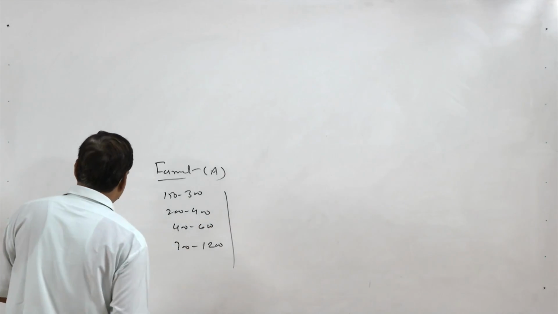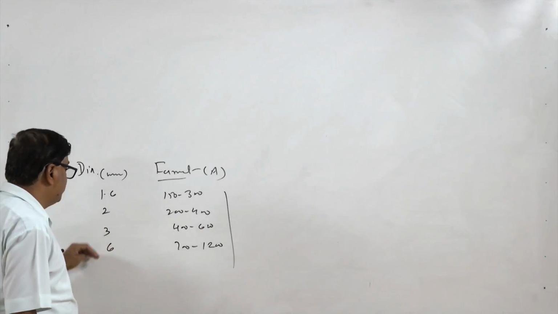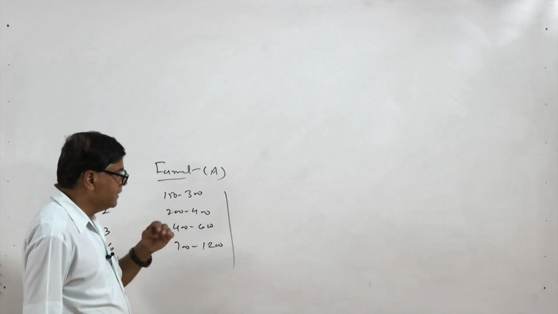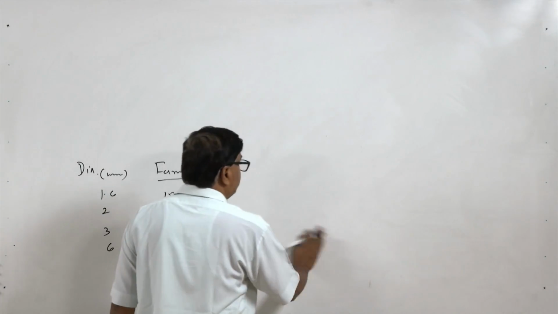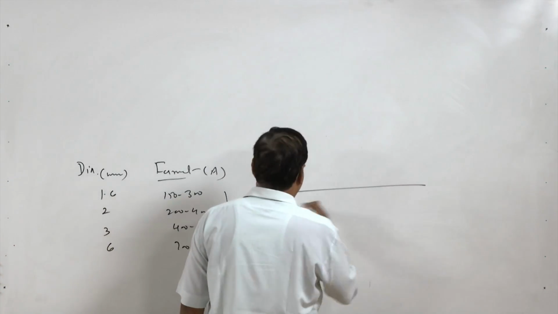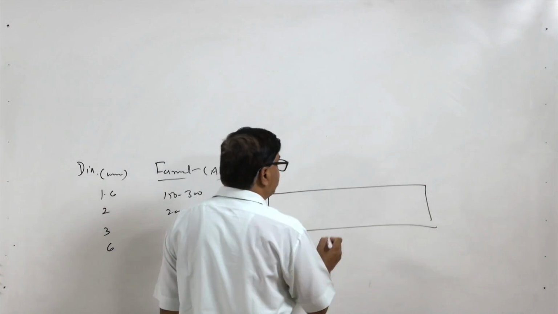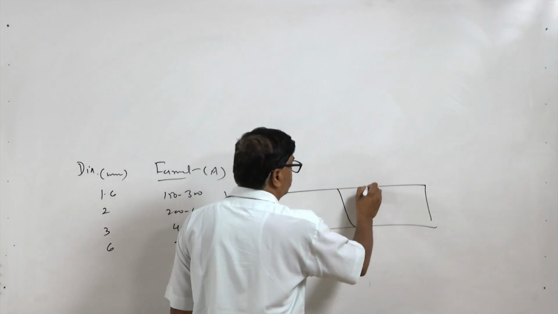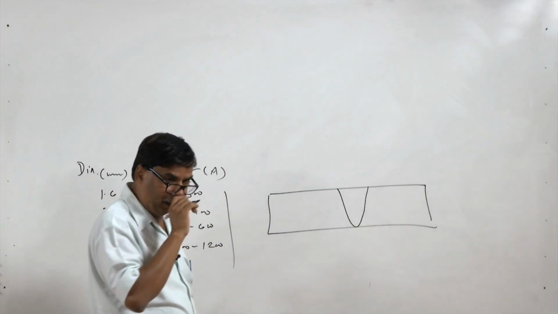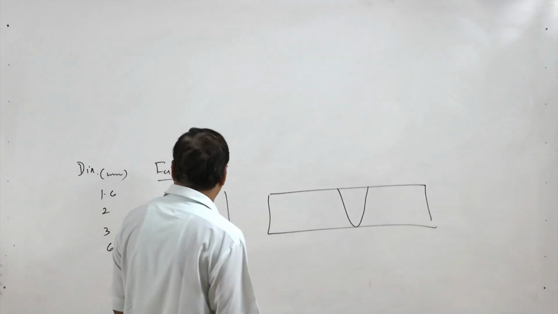For a 6 mm electrode it is 700 to 1200 ampere. This means that an increase in the diameter of the electrode is required if heavier and thicker plates are to be welded. I will give you a very simple example here. If thick plates are to be welded, they will require much more heat for fusion through the thickness, as well as a much larger amount of weld metal to be deposited.